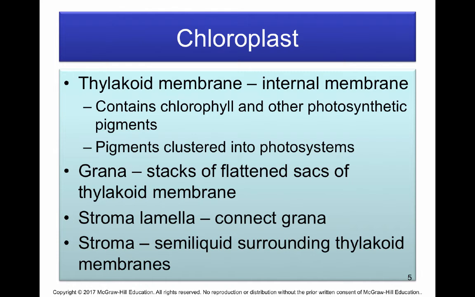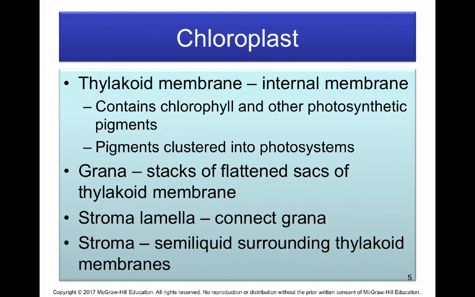So the light-dependent reactions take place all along the thylakoid membrane because it contains chlorophyll clustered with other accessory pigments into what we call photosystems. Photosystems, I think of them as a cluster of solar panels absorbing sunlight. So there are photosystems, 2 of them, that are absorbing the energy of the sun and transferring that energy to electron carriers.